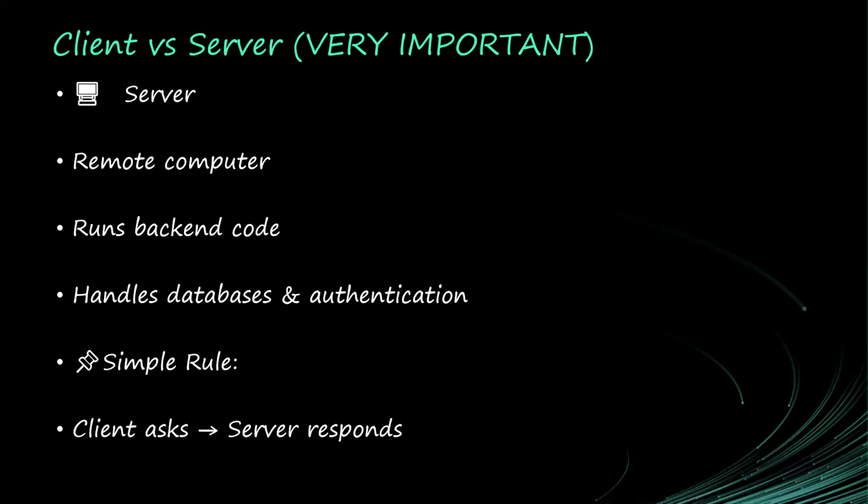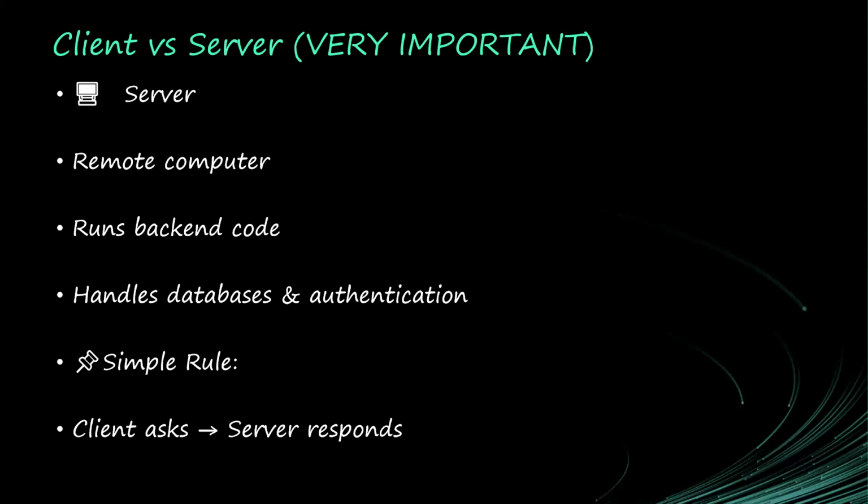You went to the restaurant to eat. You are the client. You ask for fried rice and give it to the waiter. The waiter is the HTTP. The client and the server communicate through HTTP.